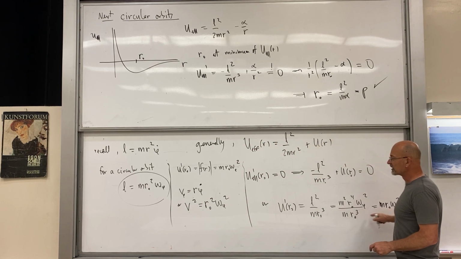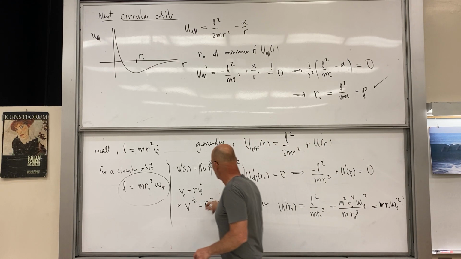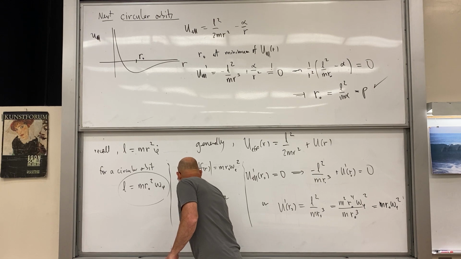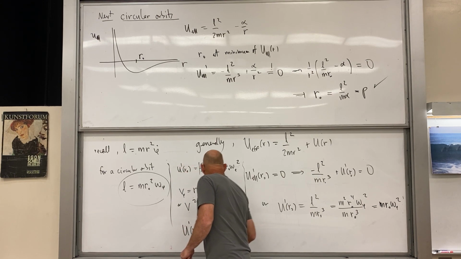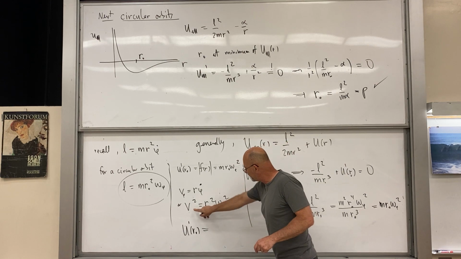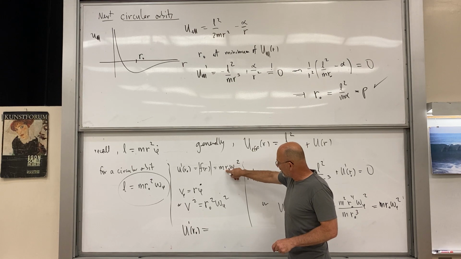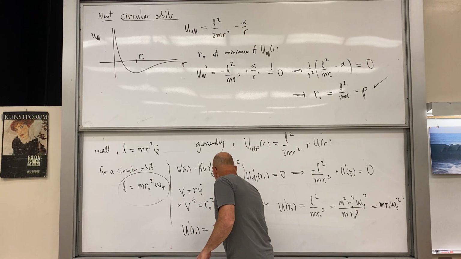When we plug that in here, we get u prime r0 equals, so we put the omega phi squared, that's v squared over r naught squared, which gets rid of one of the r in the numerator, and we have m v squared over r0.